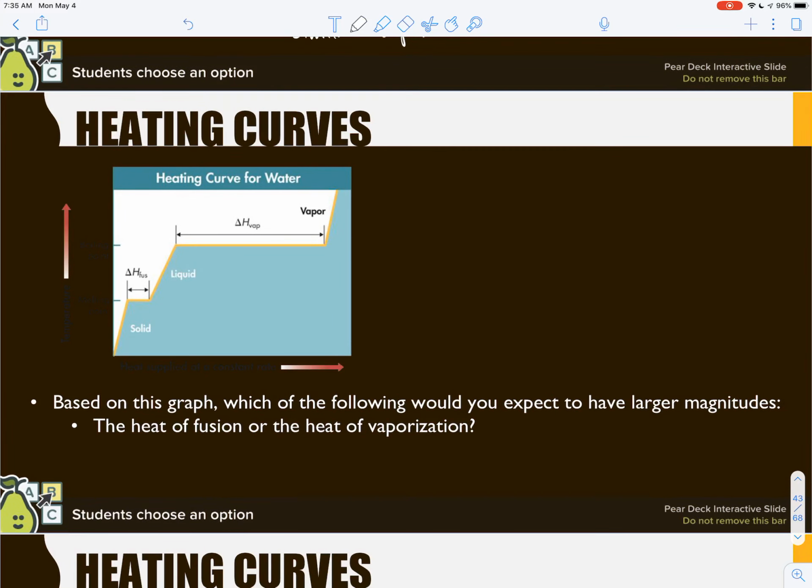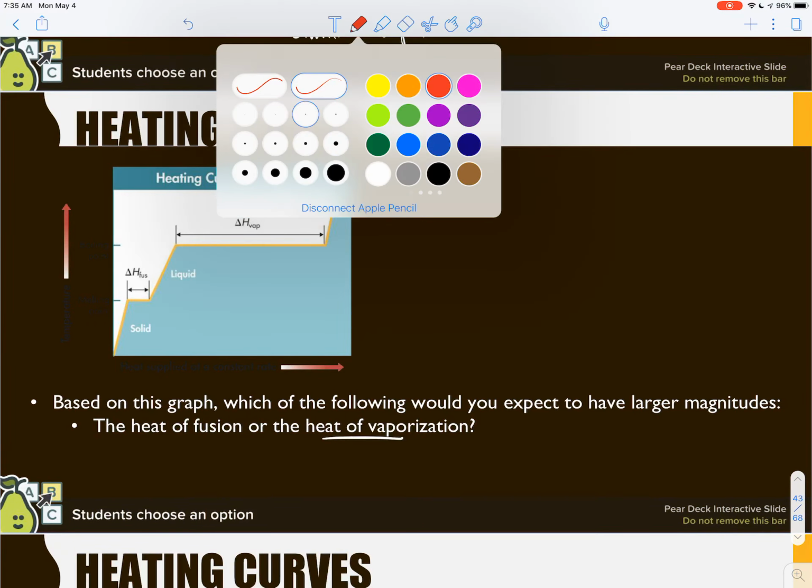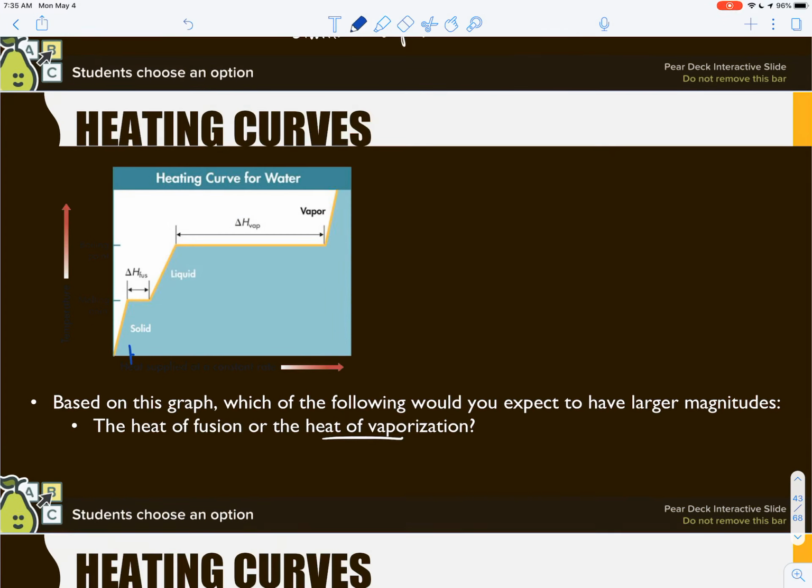So, based on this graph, which has a larger magnitude, the heat of fusion or the heat of vaporization? Okay, heat of vaporization. The reason being that in order to melt this substance, only this much heat was required, right? Because you can't really tell here, but it says heat applied.